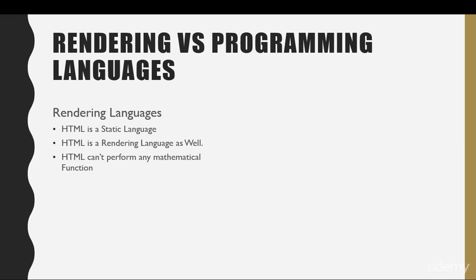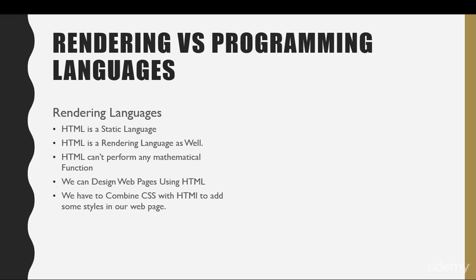We can design web pages using HTML. We have to combine CSS with HTML to add some styles to our web page. HTML can't protect any image, link, or text. Exactly, the rendering language means HTML cannot protect our images, links, or text. For this, we have to use JavaScript.